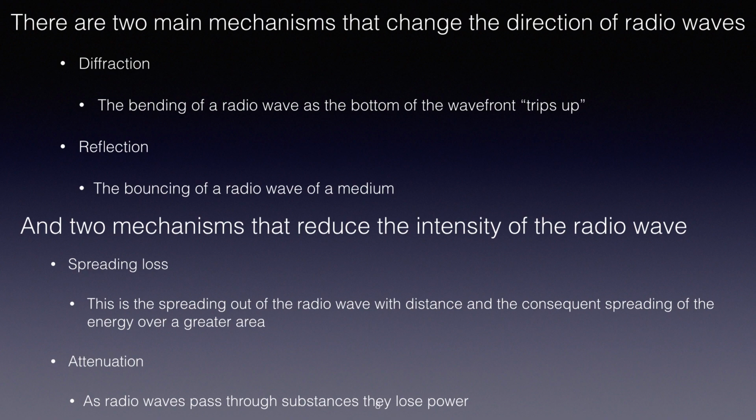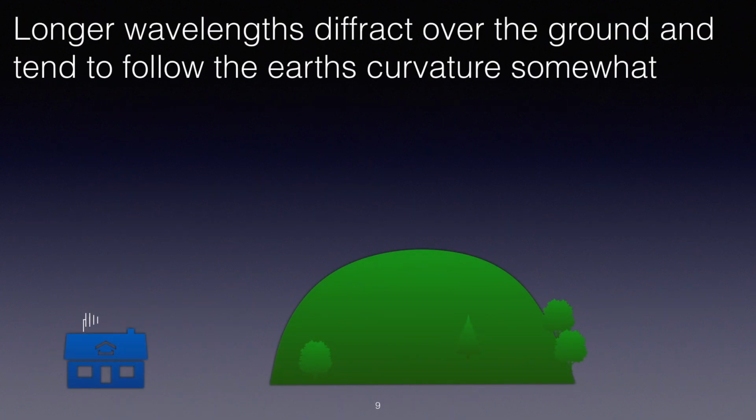Let's go and look at those four mechanisms, two for changing the direction and two for reducing the intensity of the radio wave. So, longer wavelengths diffract over the ground and tend to follow the Earth's curvature somewhat. And here we're looking at how a radio wave changes direction.